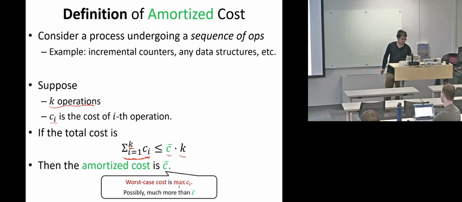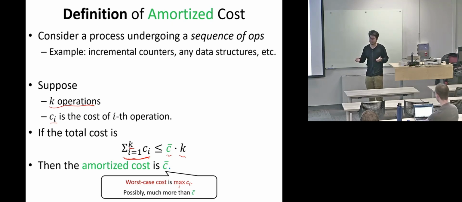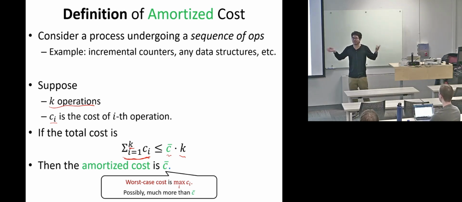It's important to know that when I say average cost, I really mean it's average over the sequence of operations. We still analyze the process in the worst case sense. We try to get the worst case bound, right?